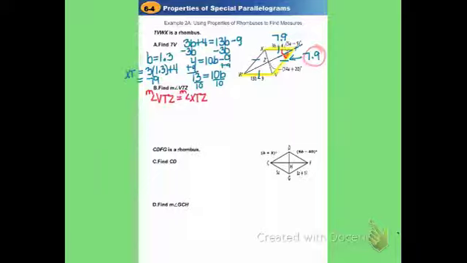Well, the only other place I see an angle that has a on it is right here, and it's not labeled for the angle that's next to this one. It's actually labeled at that angle in the middle, which hopefully you remember is a 90-degree angle, and that's because the diagonals of a rhombus are always perpendicular. And so what I could do is just say that that angle, which is 14a plus 20, is equal to 90 degrees.